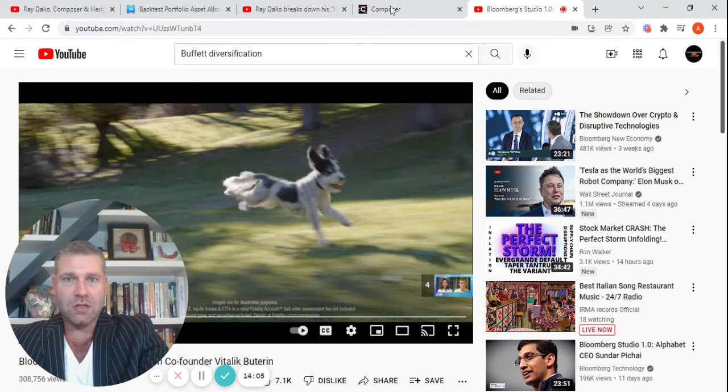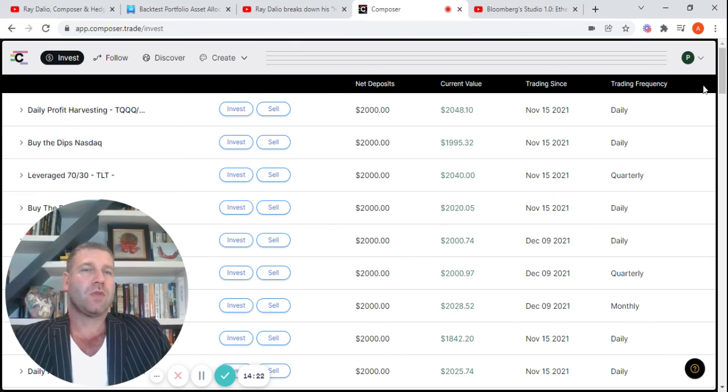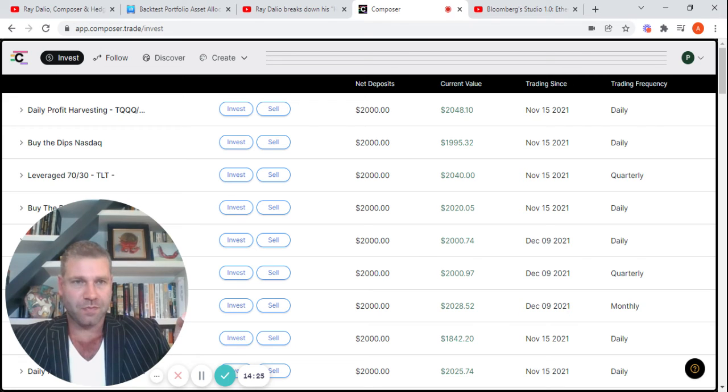So one last thing I'll show here, just in Composer. We're going to go over here. And in the future, it would be really cool on the right, where you see net deposits, current value, trading sins, trading frequency, to showcase total return of the symphony.